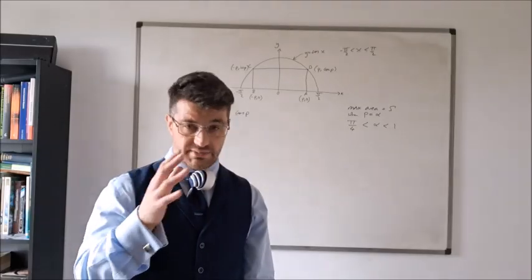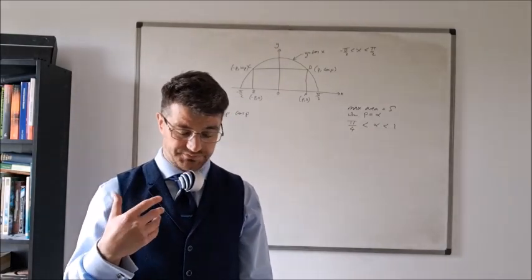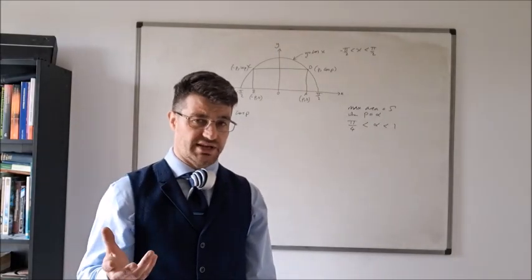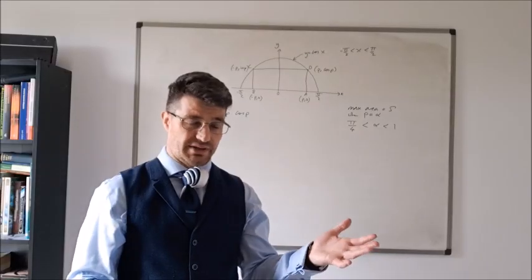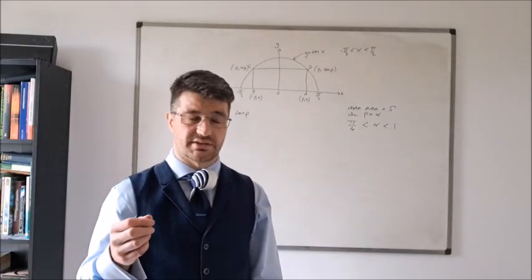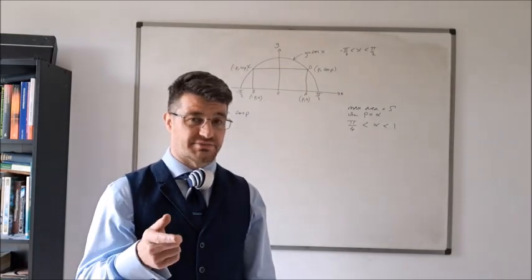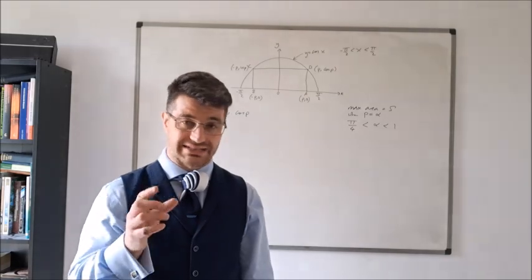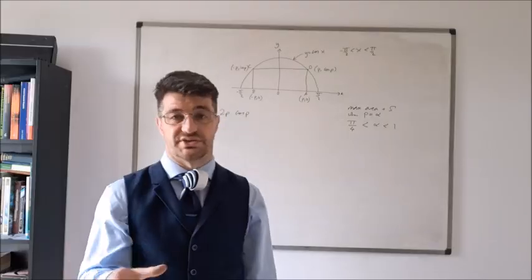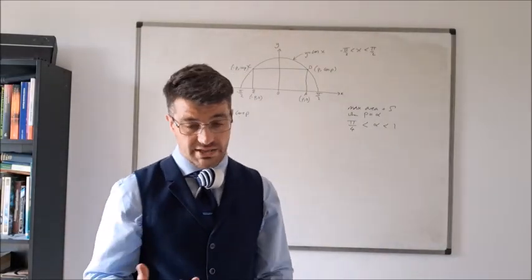Particularly at A level, hopefully at this point you've been almost conditioned to think differentiation when you're talking about maximum and minimum values of functions. This is not necessarily a bad thing, but understand that sometimes the maximum value of a function is not at a turning point. It depends to a certain extent on the domain of the function, but that's not something we need to consider too much here.